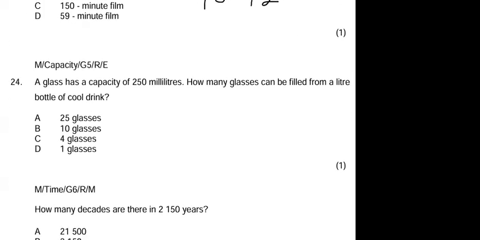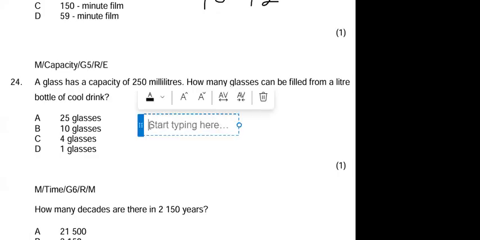24 says a glass has a capacity of 250 milliliters. How many glasses can be filled from a liter bottle of cool drink? All right, so let me just type this. It takes 1,000 milliliters to equal just 1 liter.